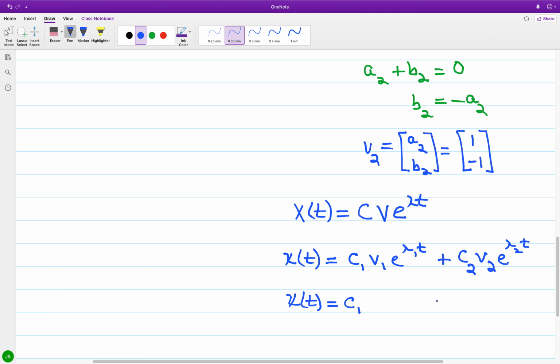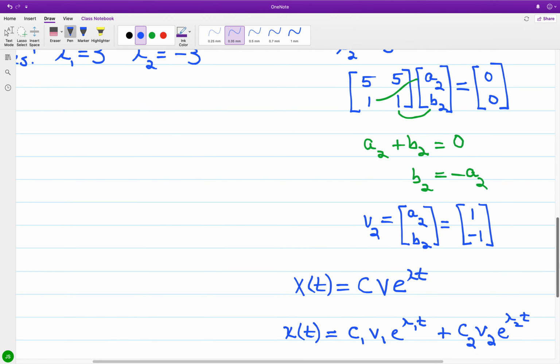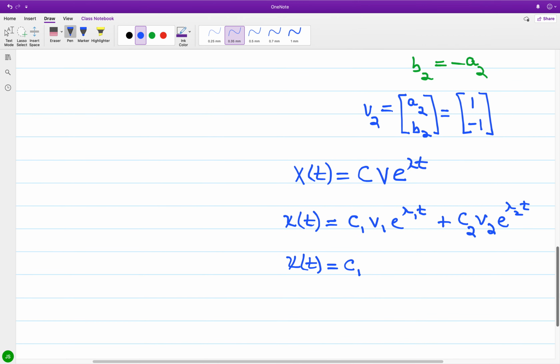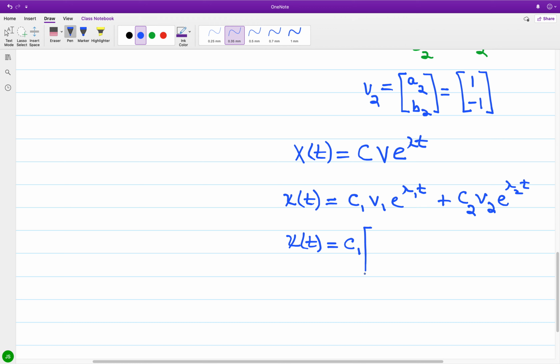Again, with the first eigenvector, that was 5 and 1, and lambda 1 was 3, so you have e to the 3t. We have plus c2 times the second eigenvector, 1 and negative 1, but you could have it as negative 1 and 1, times e to lambda 2 times t, where lambda 2 is negative 3.